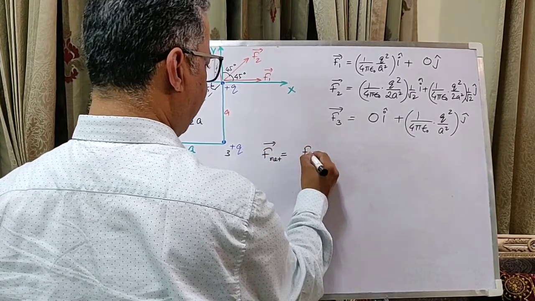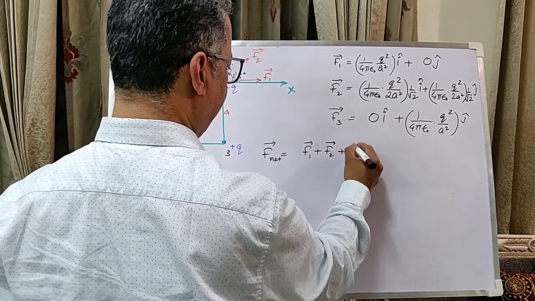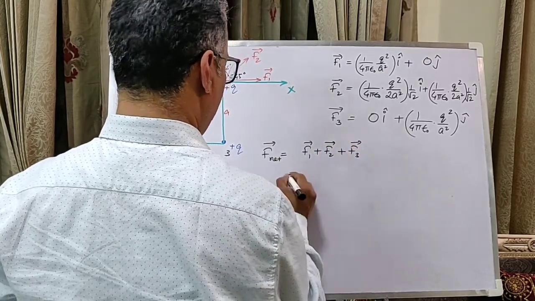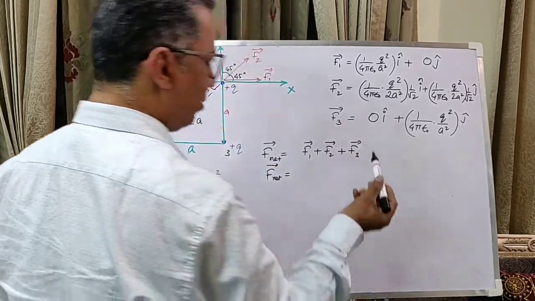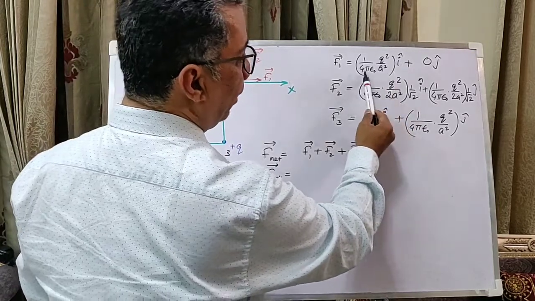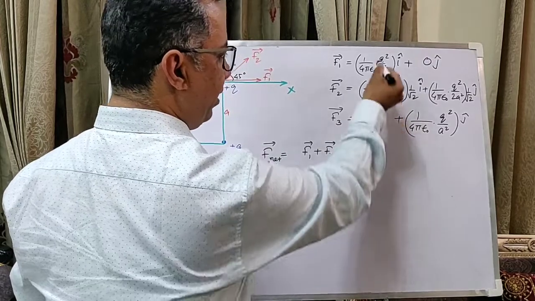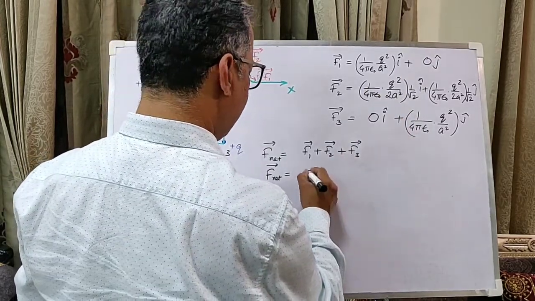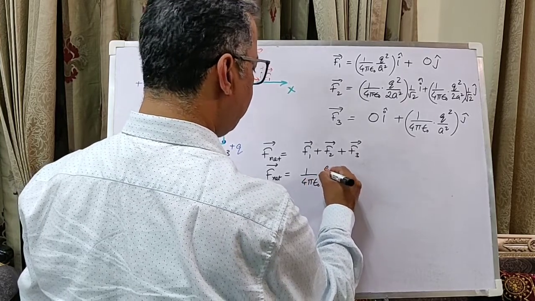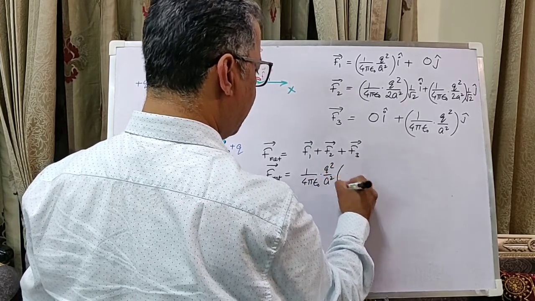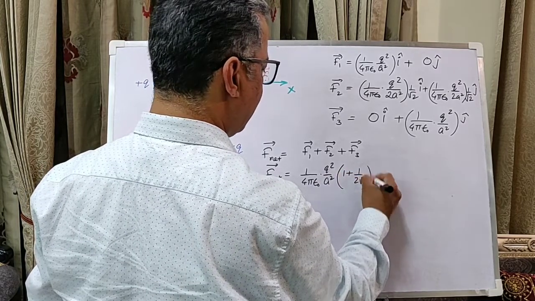Now the net force will be basically a vector sum of F1, F2 and F3. Once we add them vectorially, it's pretty simple actually: you add the x components separately. When you add these three x components, you get 1 by 4 pi epsilon naught q square by a square times 1 plus 1 by 2 root 2, i cap.